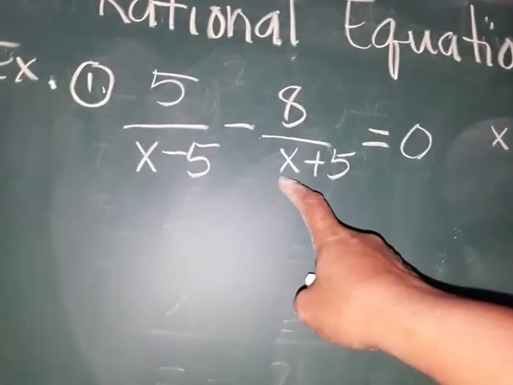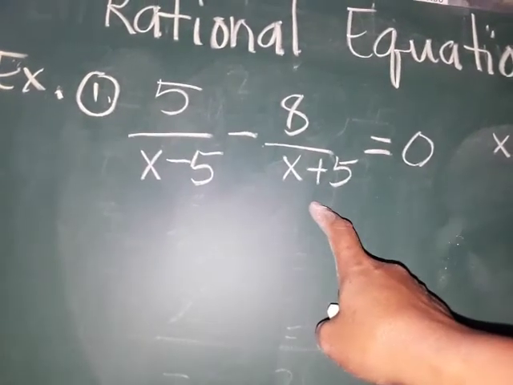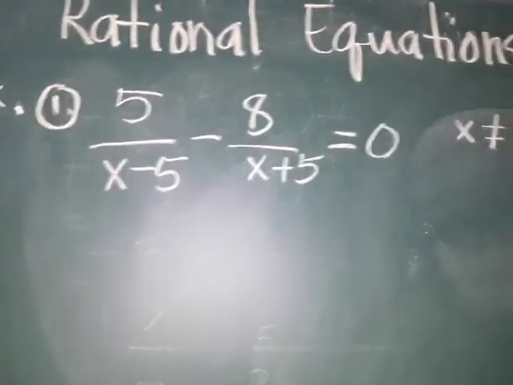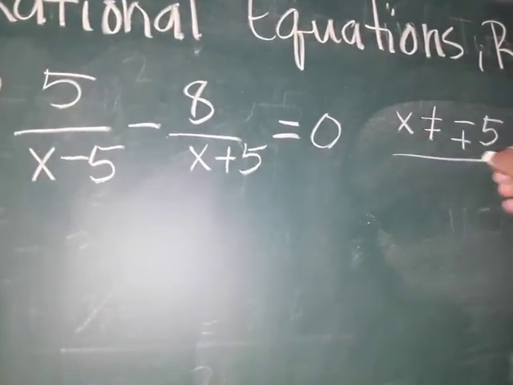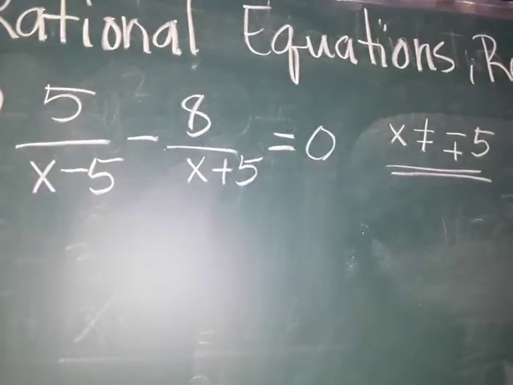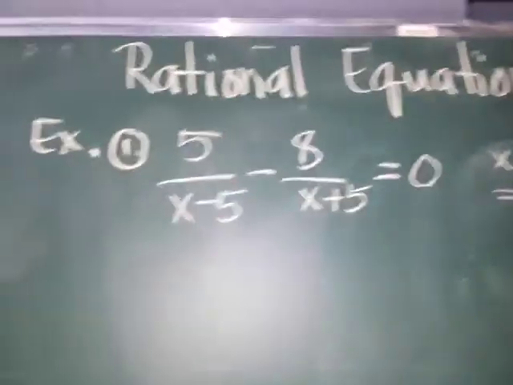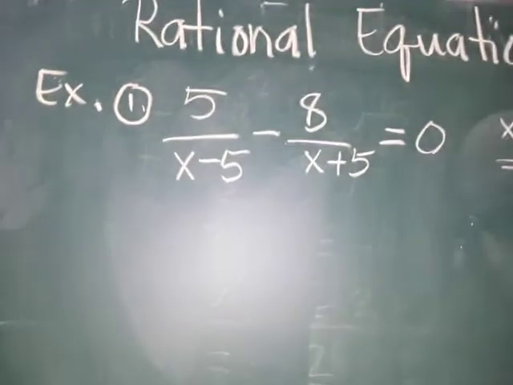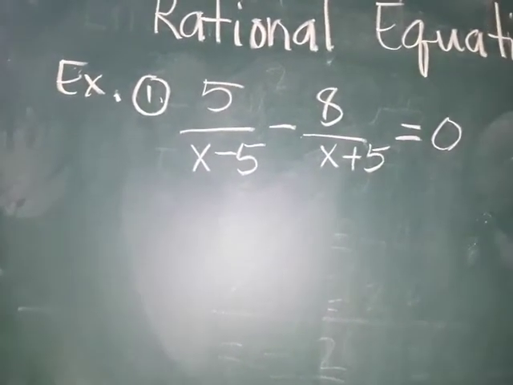Okay, the same true, pag ang x ay negative 5, plus 5 magiging 0. Kaya ang restriction natin, pag ang hinahanap natin ay solution, dapat ang x natin ay hindi pwedeng positive and negative 5.